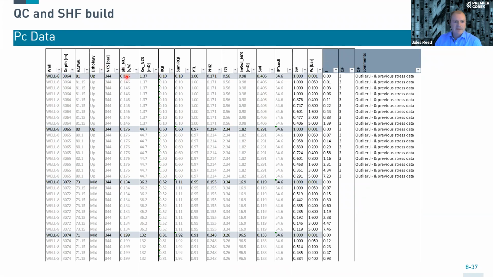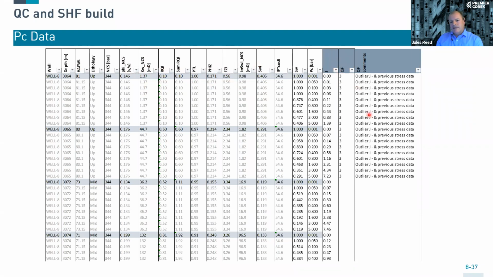This isn't everything. This is just some of the capillary pressure data and some of the inputs to that. So I've got permeability, porosity at net confining stress. I've got my RQI and a PLT, phi Z, FZI, some flow zone indicator, and so on.